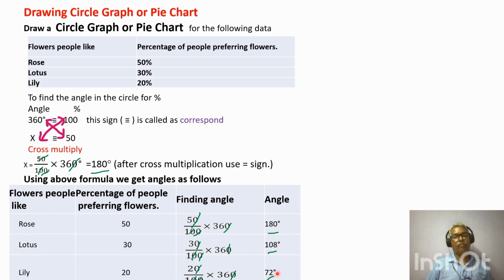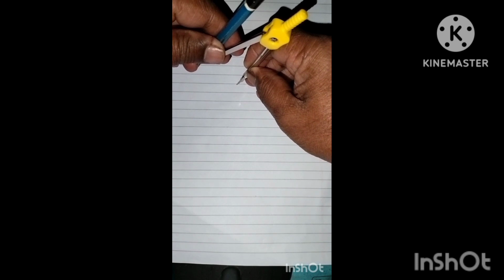Now we will find the way to draw a pie chart or circle graph for this. So here we are trying to draw a pie chart. Draw a center and then draw a circle of any radius, a radius you like and can comfortably draw.